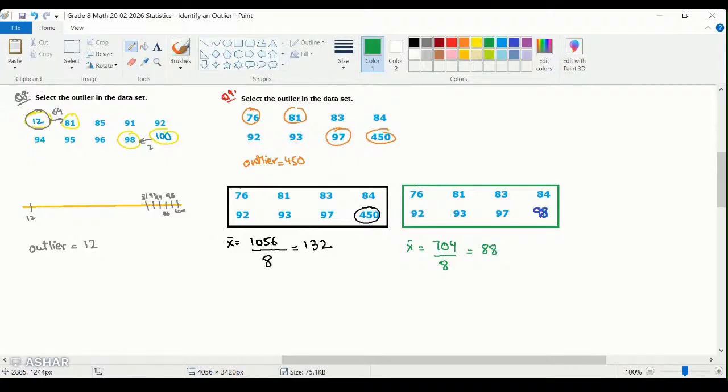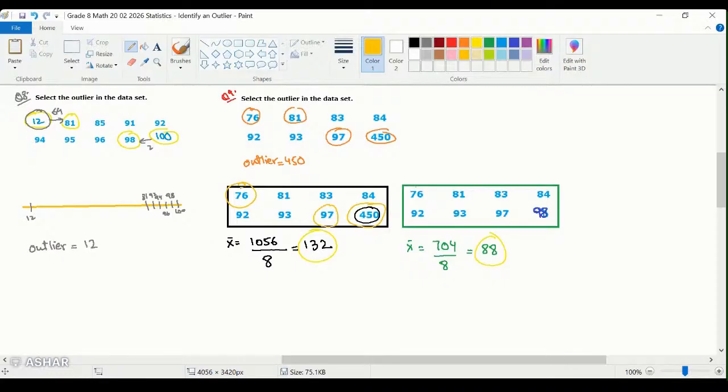We can see there's a huge difference between the means. If the number is not an outlier, the mean would be very close to the given numbers, because the smallest number was 76 and the largest was 98, so the mean is somewhere in the middle. With an outlier, the smallest number was 76, the largest was this, and the second largest was 97, right?